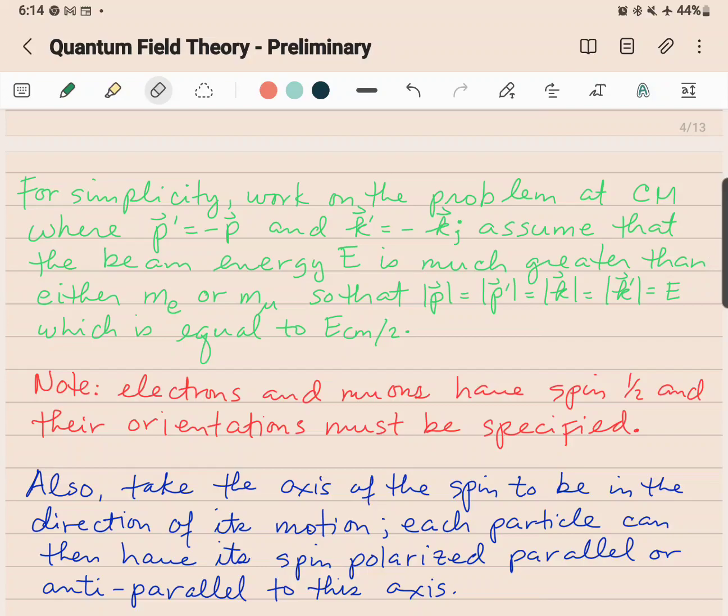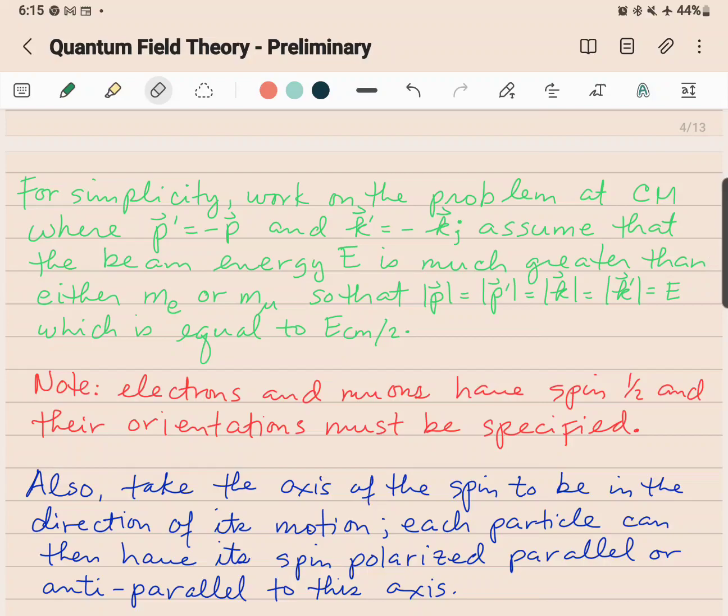So assume that the beam energy here is much greater than either the mass of the electron or muon. But by the way, the muon is much more massive than the electron. It's about 200 times more massive than the electron. So if you have the ratio between electron and muon mass and you square it, you can just assign it to 0.